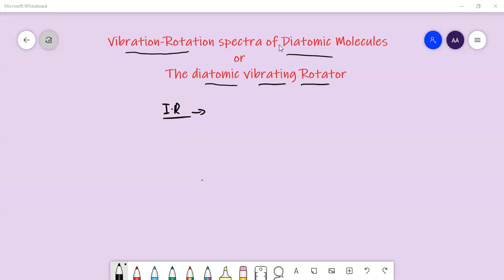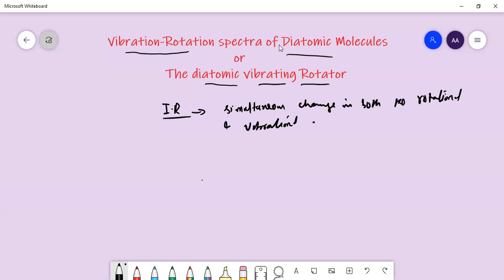So now what happens is that when the molecule absorbs IR radiation, this IR radiation brings simultaneous change in both the rotational as well as vibrational energies of the molecule.